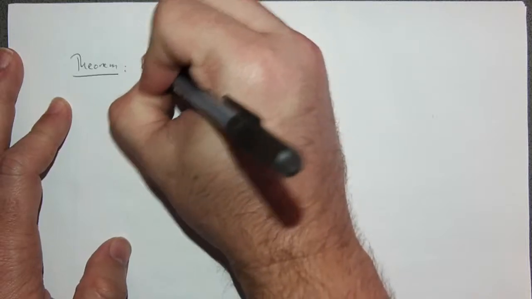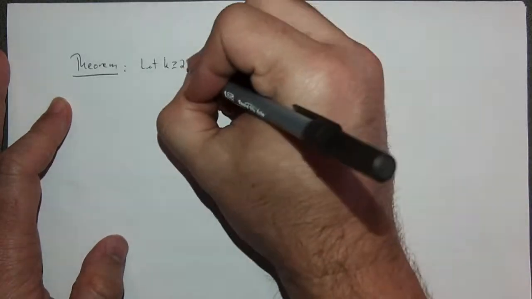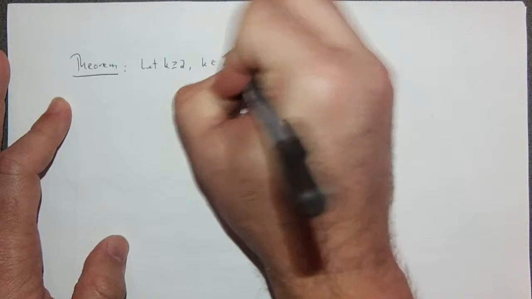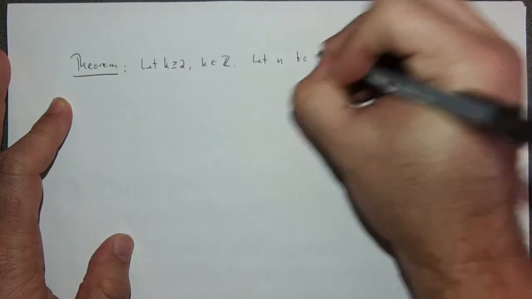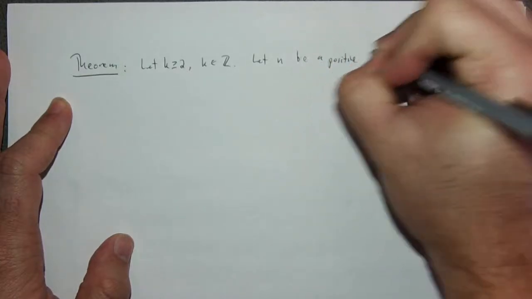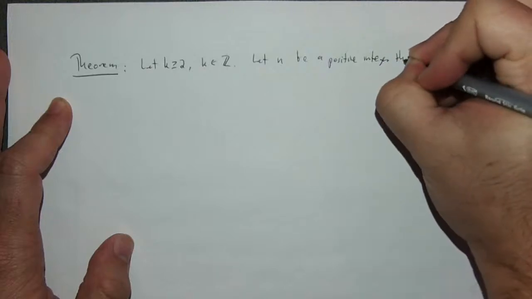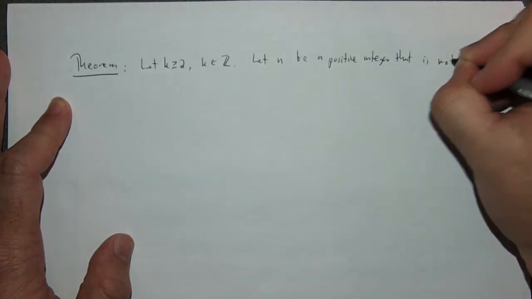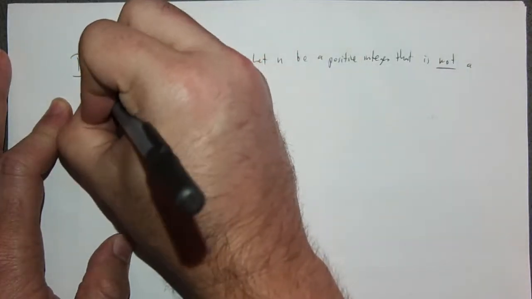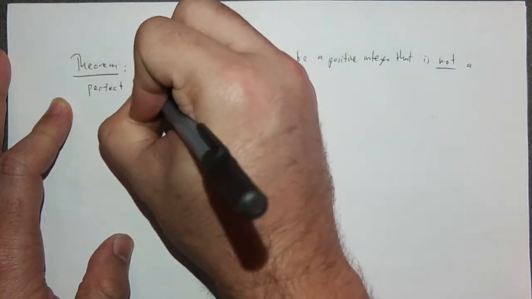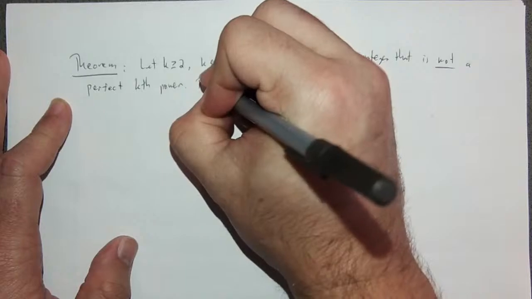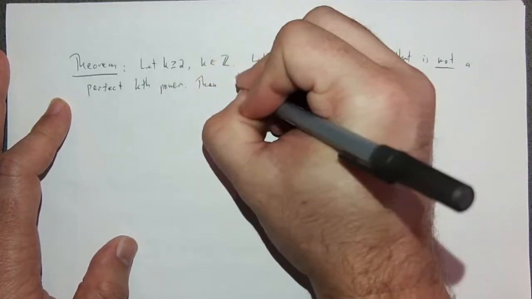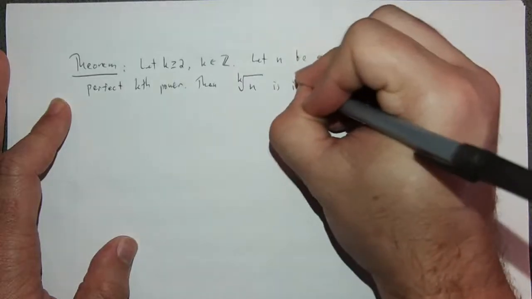Let k be greater than or equal to 2 and k be an integer. Let n be a positive integer that is not a perfect kth power. Then the kth root of n is irrational.